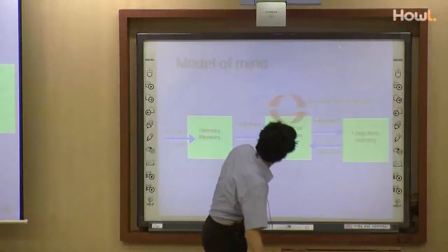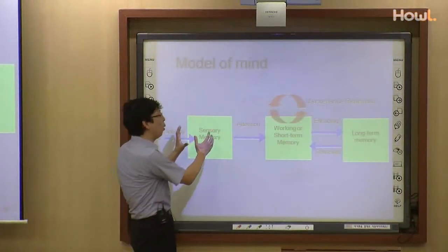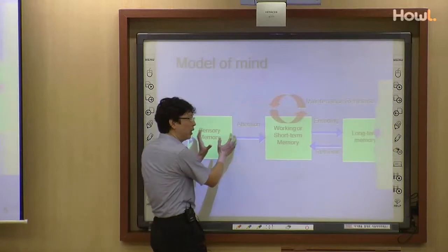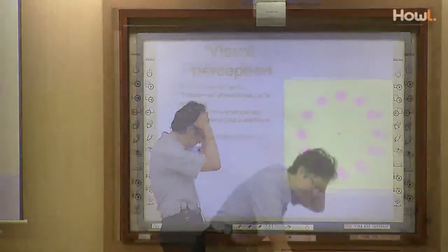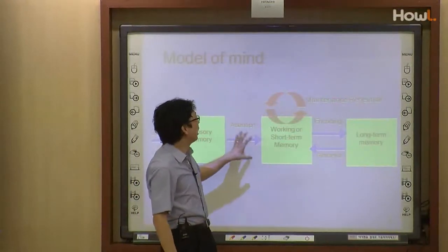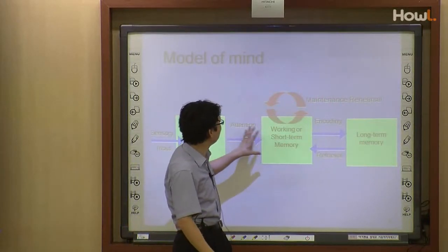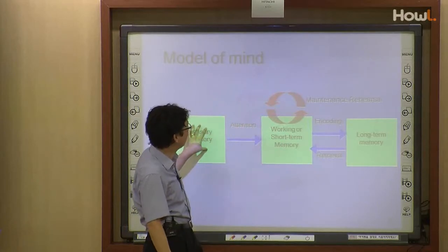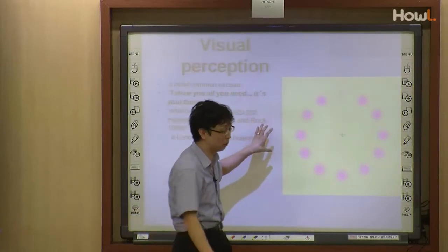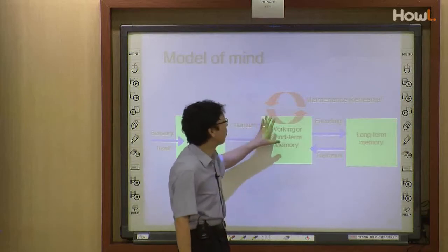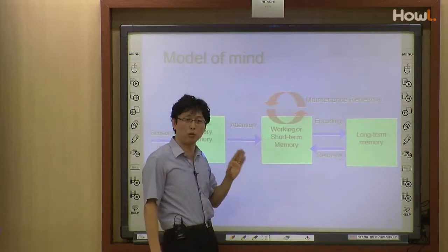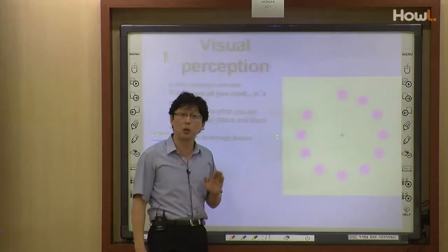That's why we cannot pass all the information from sensory memory into working memory. So that is one limitation you have to bear in mind. And the second one is, when you pay attention, the information can go into working memory, right? But there is another limitation in human resources: working memory is also limited.